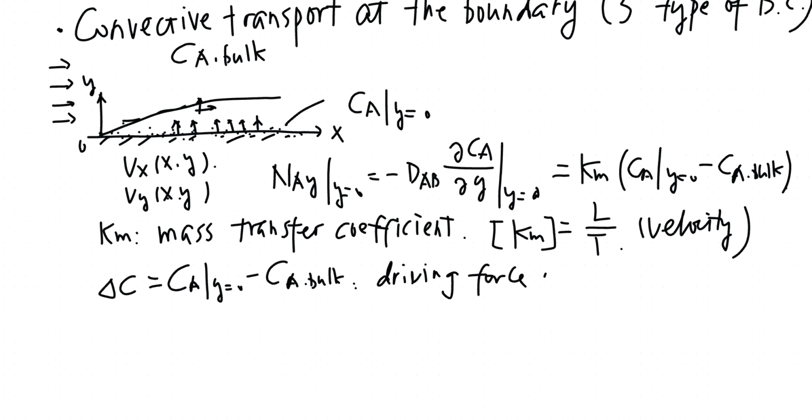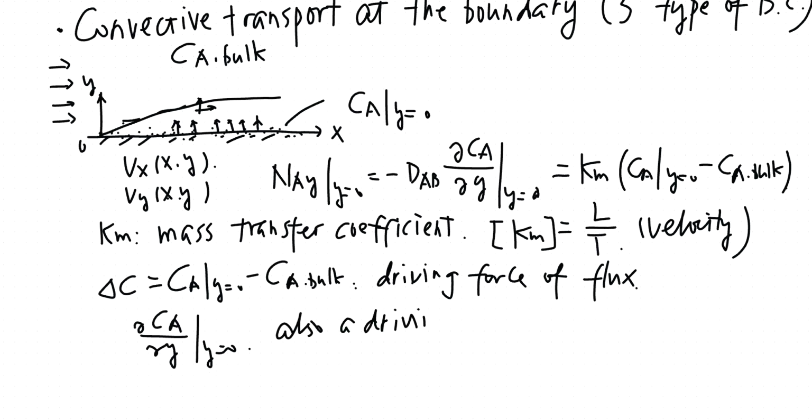Of course, it's not exactly the same as the gradient, but you can approximate it as such, and this is also a driving force. These two are related exactly by this boundary condition, by this equation.